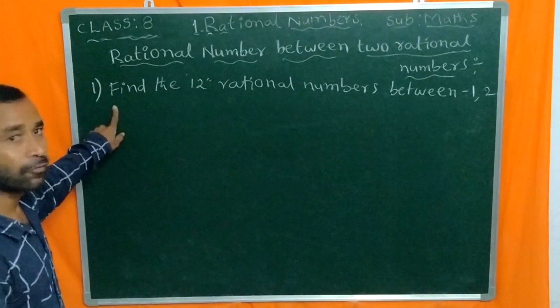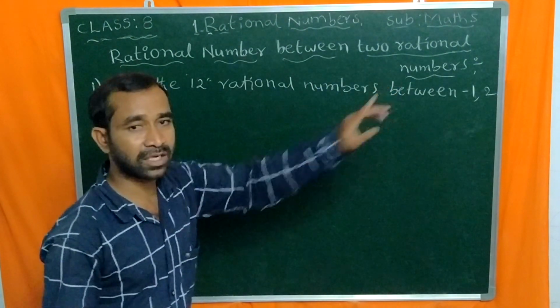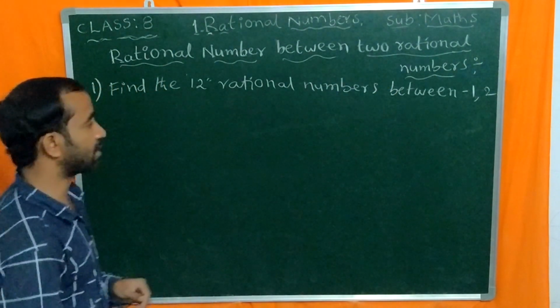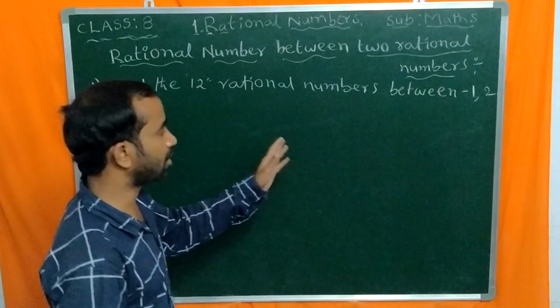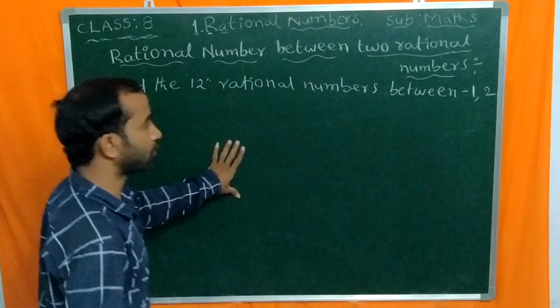Next problem. Find 12 rational numbers between minus 1 and 2. First, minus 1 will be changed into rational form, and 2 also into rational form.